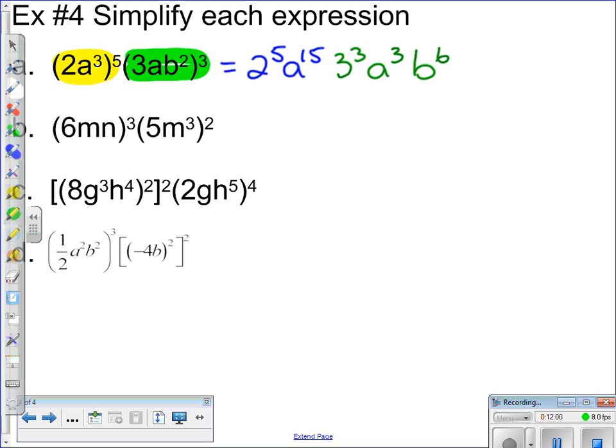Now let's work out the numbers. 2 to the 5th power is 32. 3 cubed is 27. We're going to need to multiply those 2 numbers together.